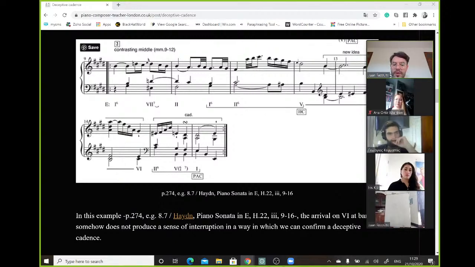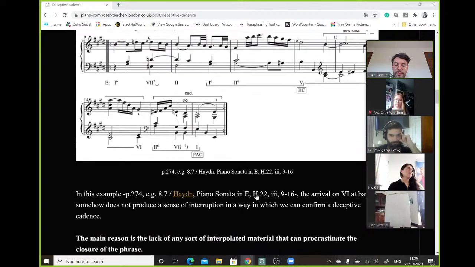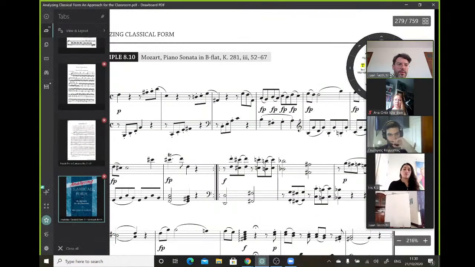Right. So we hear this example, which is the example 8/7, yeah. This one. We have here, so it's 2/7.